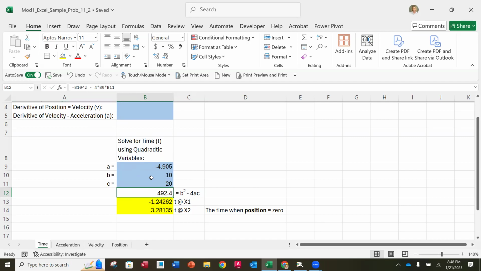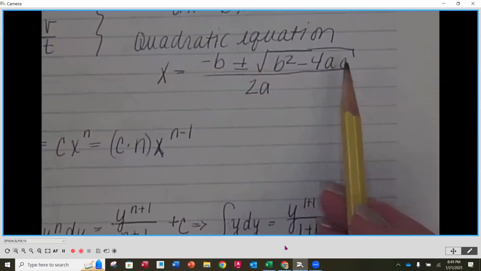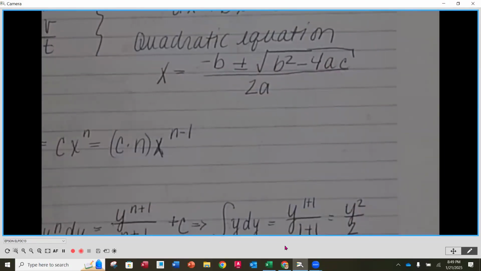And I didn't put the square root in here at all. All I did underneath was just b squared minus 4ac. So I just broke that out. You don't have to. If you want to do the full equation in each one of the spots, you can. I just did a little intermittent and I never really updated it.